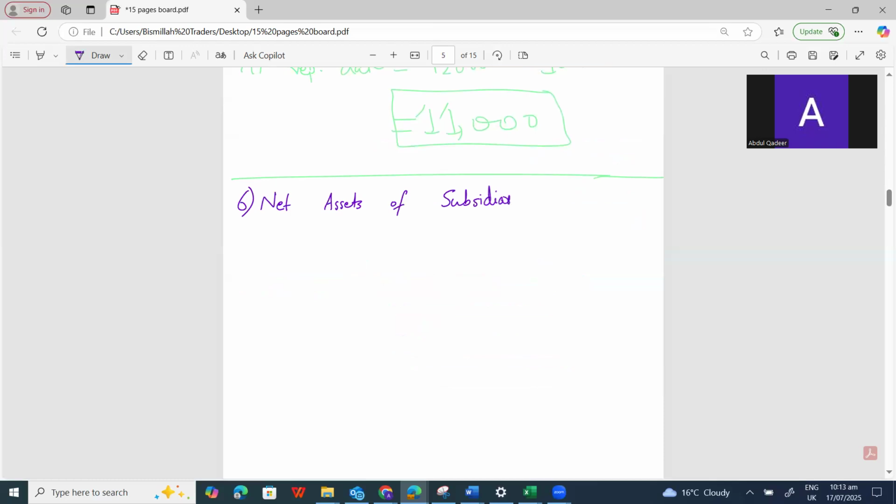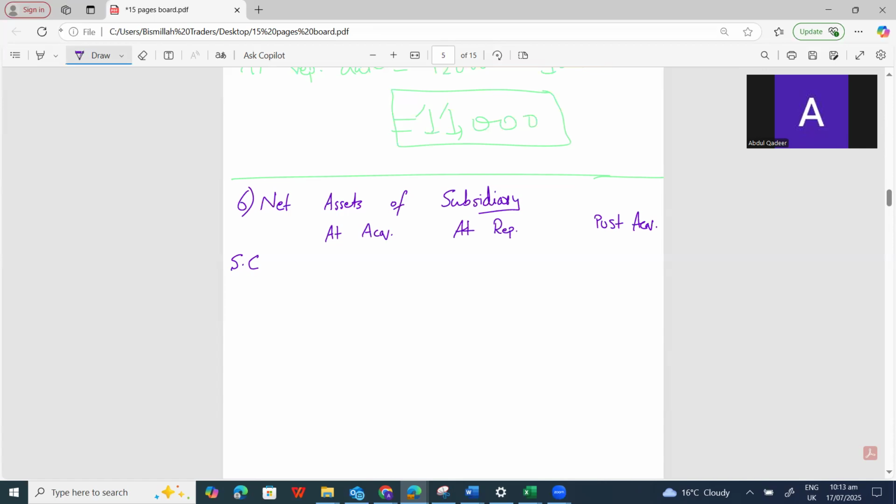I have told you how to calculate like share capital. You have to calculate in 3 portions, then it will be very easy and the best way: at acquisition, at reporting date, and post acquisition.